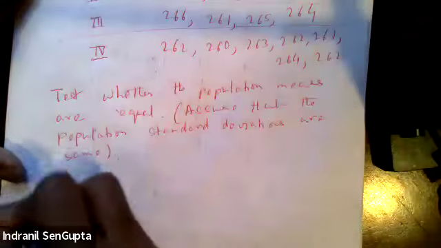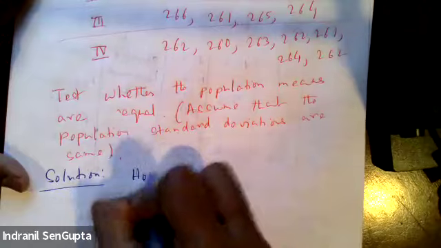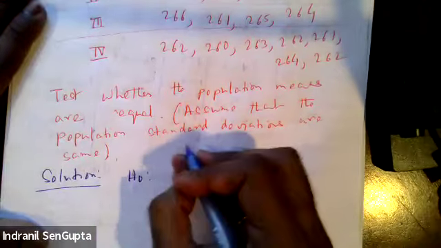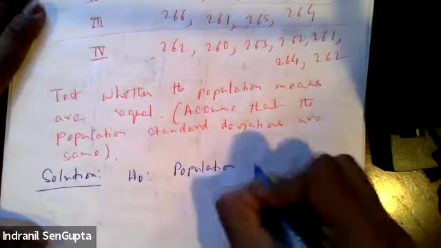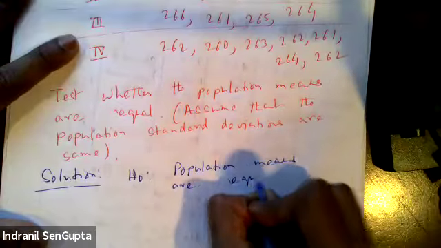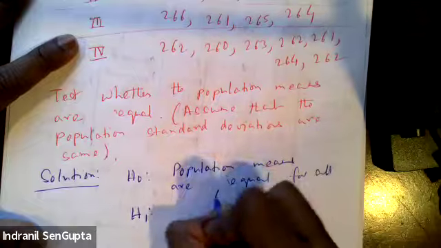Okay, so here is the solution. We start by writing the null hypothesis. H0 here is: suppose population means are equal for all four groups.